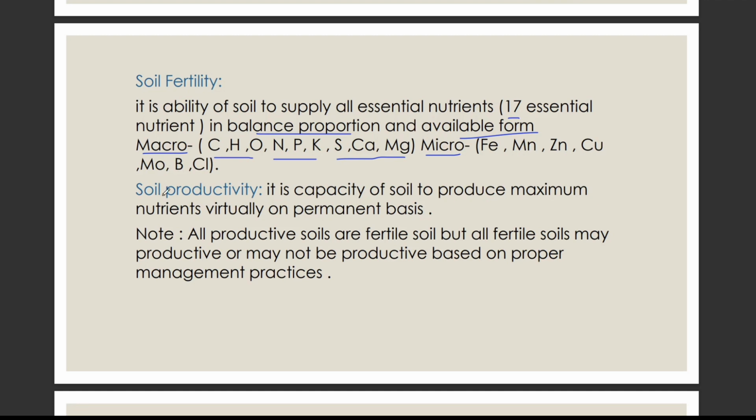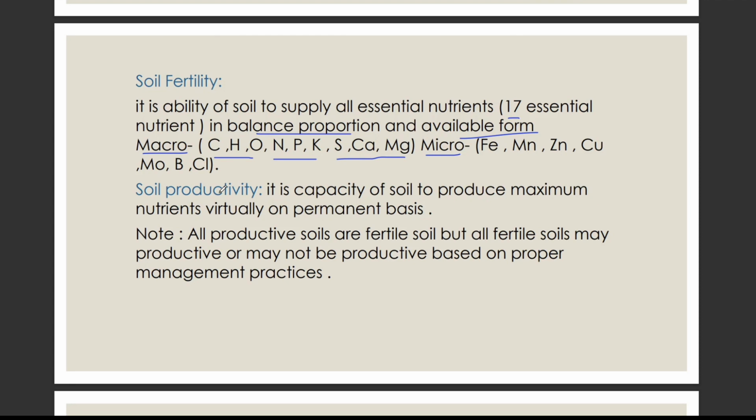Then we have soil productivity. Soil productivity refers to the soil property, how we can use soil as a medium for the growth of plants. It helps in the production of crops, and that is dependent upon the fertility of the soil.